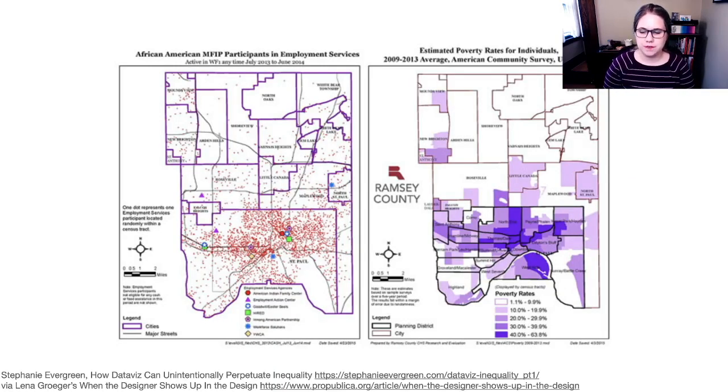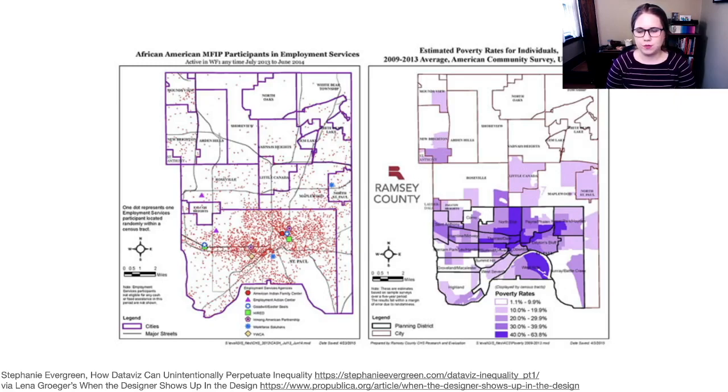And this is from Stephanie Evergreen's blog. The piece is called How Data Viz Can Unintentionally Perpetuate Inequality. It's an example of a map of Ramsey County for African American participants in employment services, relating to poverty and race. The original map is on the left-hand side, and the redesigned map is on the right.